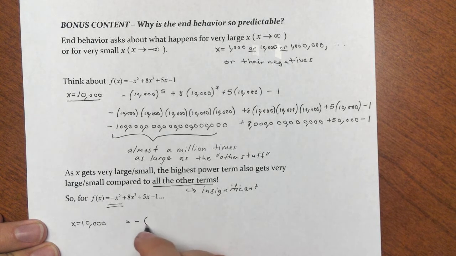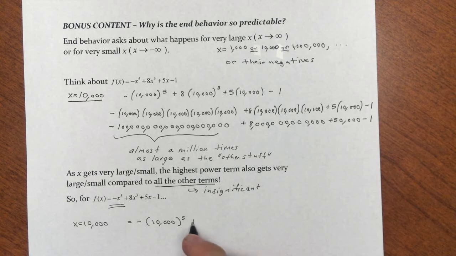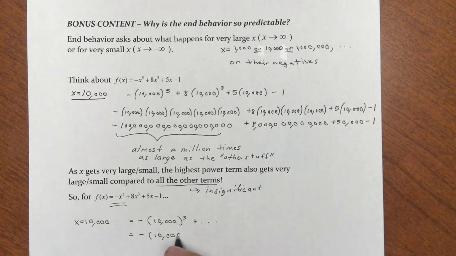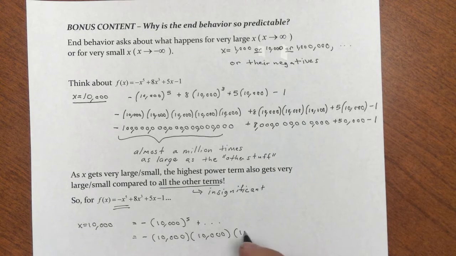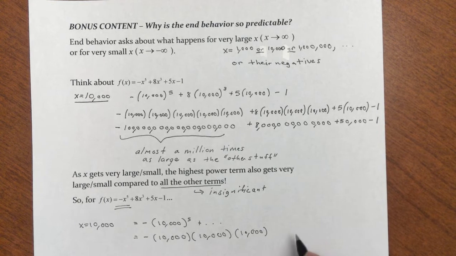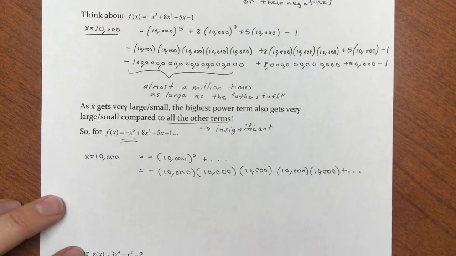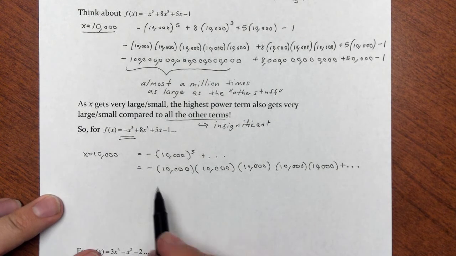I will have negative 10,000 to the fifth, which we know means I'll multiply this out 5 times. Plus whatever comes next. But as x gets very large, those terms take on very little significance.